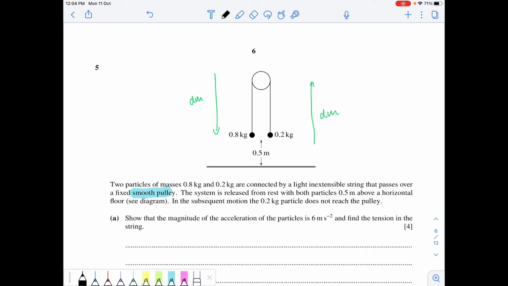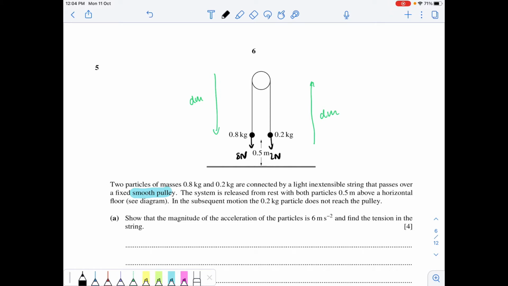Okay, now what we're going to do is consider any forces acting on the particle. So the only force acting on this particle that is given to us that we know is the 8 newtons due to weight. So weight is just mass times the gravitational constant. We're using 10, so we will get 8 newtons. Okay, and same for the 0.2 kilogram particle, it will have 2 newtons of weight.